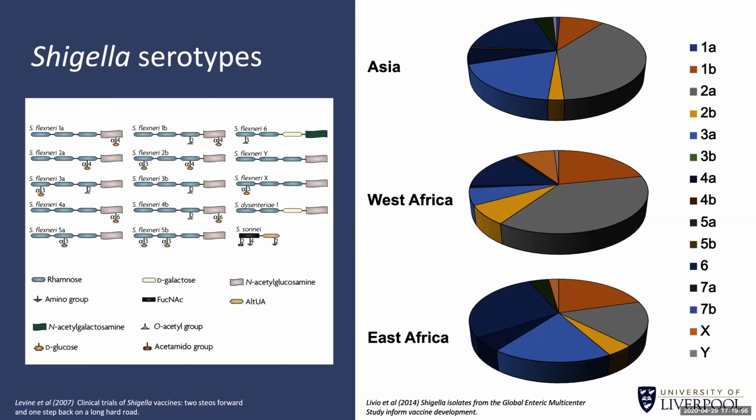Serotyping analysis from the GEMS dataset shows that multiple serotypes contribute to shigellosis at the different sites. If we were to develop a multivalent vaccine, it should include some of the most predominant serotypes.